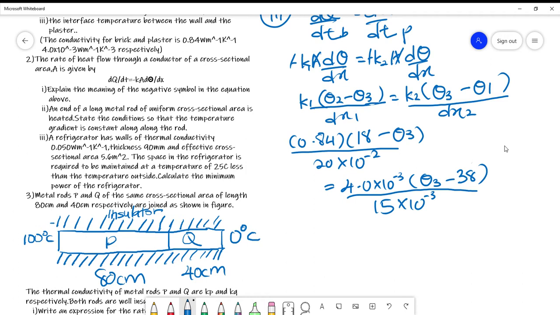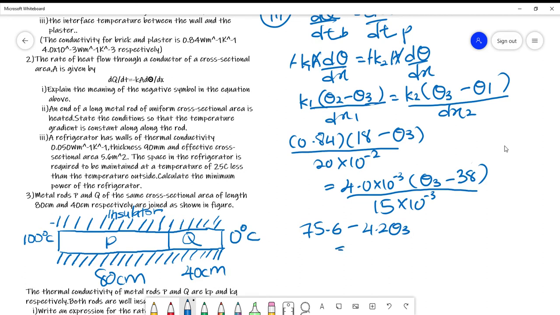Times 18, if I expand both of these, what I get is 75.6 minus 4.2 theta 3.